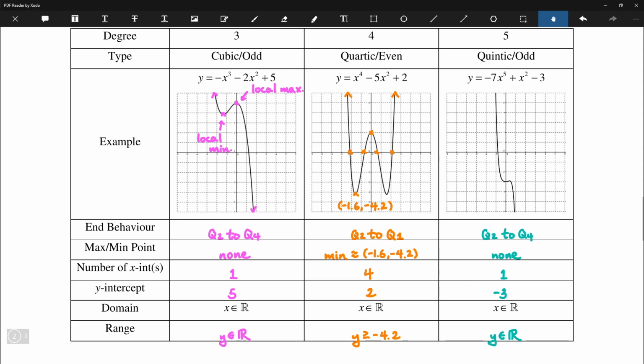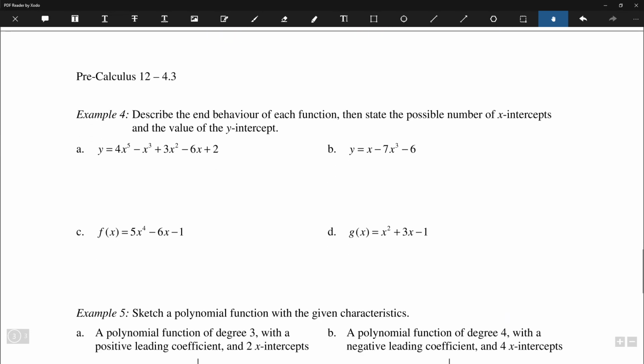Okay, so the question that we might have is how can we graph these if we don't want to necessarily use a table of values, because that's probably the easiest way. We'll look at that in the next lesson. For now, what we want to look at is how we can determine the characteristics of a polynomial function with just the equation and no graph.